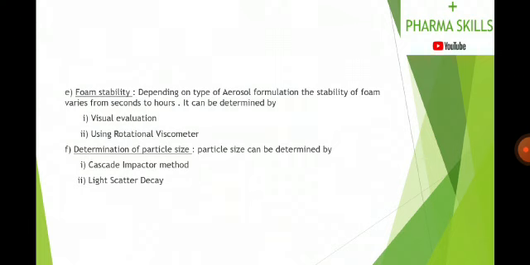The stability can be measured by visual evaluation, just by seeing you can determine the stability of the foam. Then you can also determine the time taken for a certain mass to penetrate the foam, or it can be determined using rotational viscometer. Then next is determination of particle size. Particle size is determined by cascade impactor method or light scatter decay.